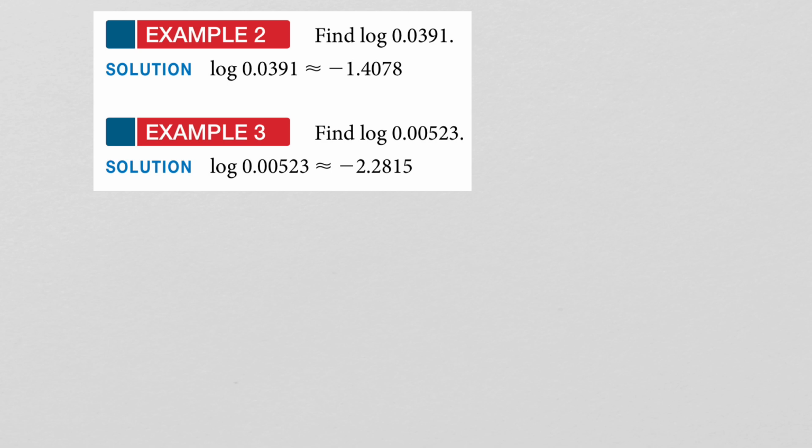But the log of 0.0391 you should find to be negative 1.4078, and the log of 0.00523 is approximately negative 2.2815. So maybe just pause the video and double check that you can get these solutions on your calculator.